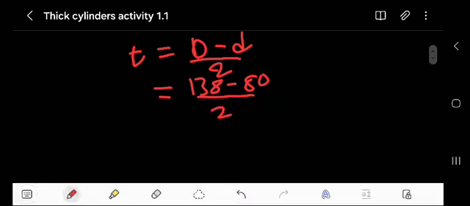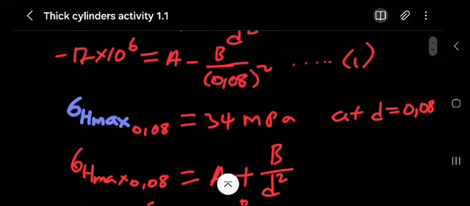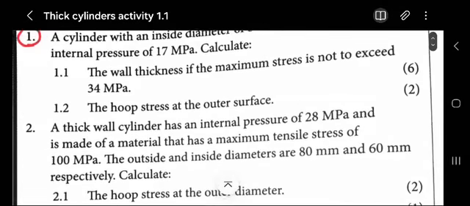That means the value of the thickness must be in millimeters. With 138 minus 80 divided by 2, this is simply nicely 29 millimeters. So yeah, this is the thickness. Yeah, that is it, guys. Sorry that I made a mistake first there.